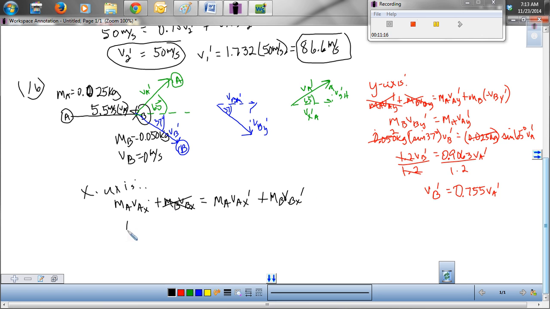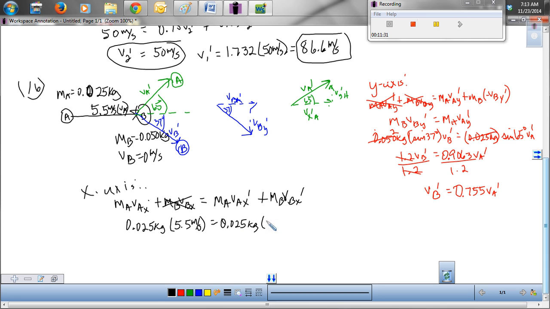This is my 0.025 kilograms, moving at 5.5 meters per second, is equal to 0.025 kilograms.